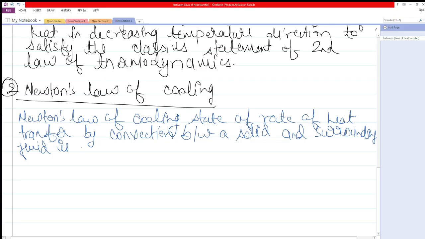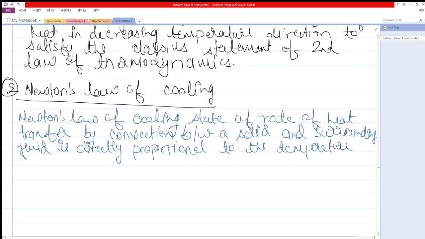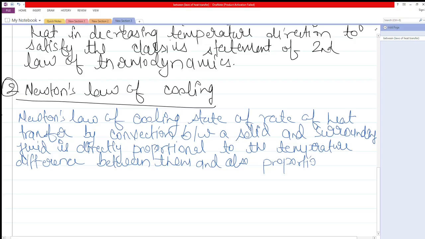Sorry, it's directly proportional to the temperature difference between them, and also proportional to the area of contact or area of exposure.